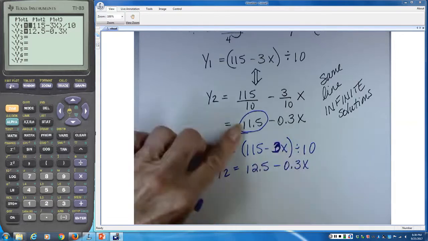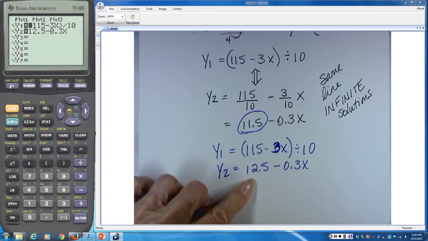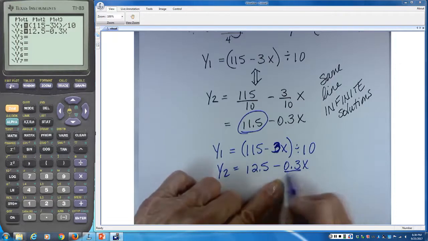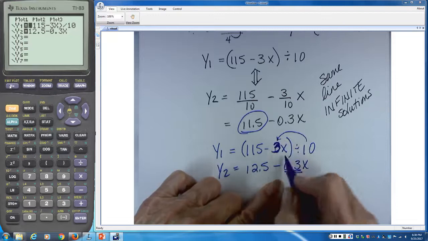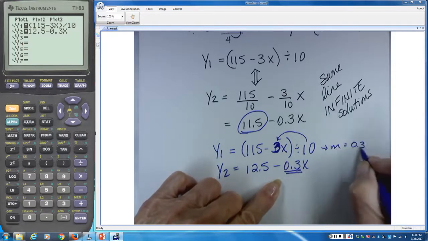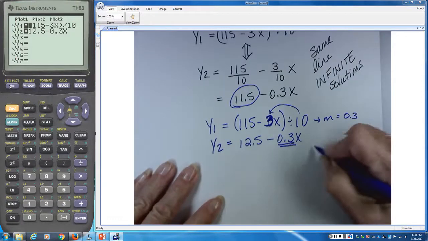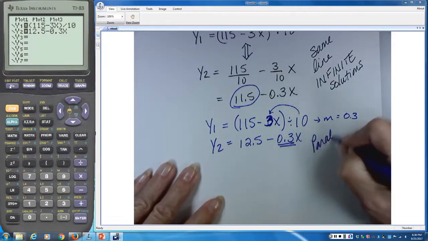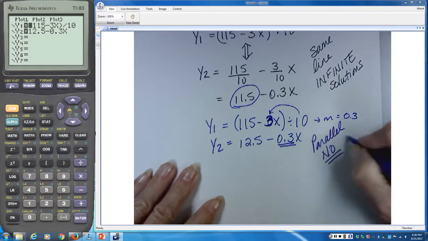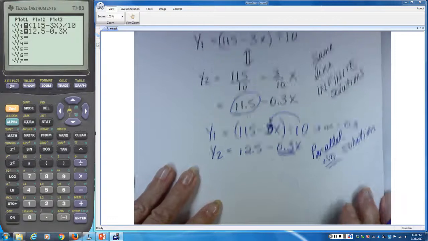So 11.5 was 115 over 10, 12.5 is not. I gave it a new y-intercept, but I didn't change its slope. That's still going to have the same slope. So those lines are parallel. And that has no solution.